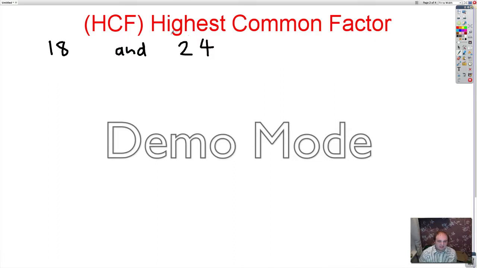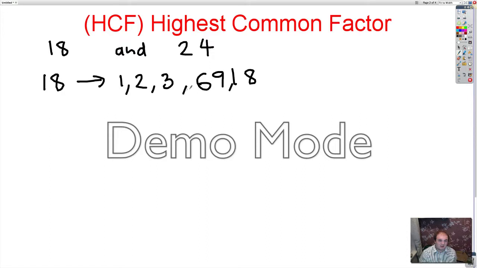So the highest factor that's in both. If I start with 18, my factors of 18 are 1 and 18, 2 and 9, 3 and 6. I know that 4 and 5 don't go into 18, so I've met in the middle again. Just put a comma in there to make it clear.